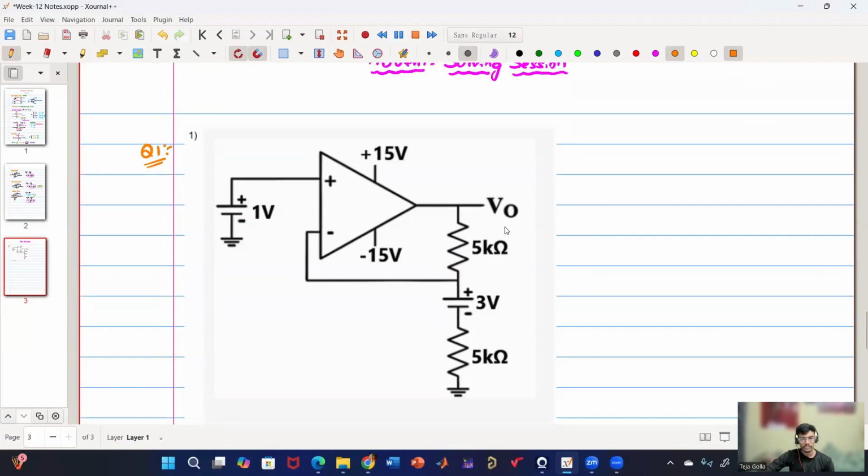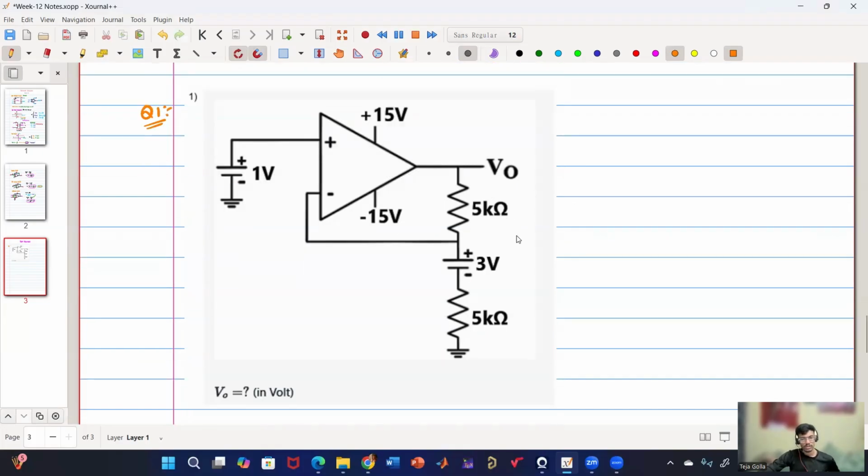Any thoughts? At least how to proceed? What have we learned till now that can be used to start the problem?